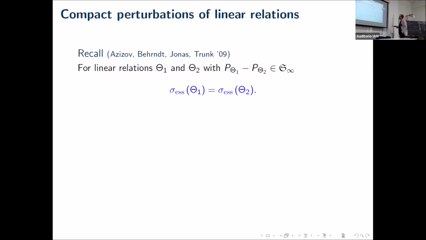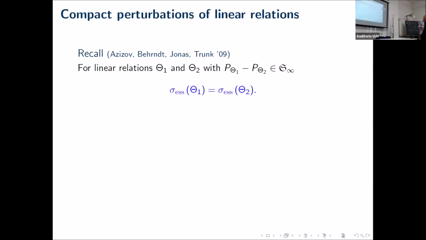This is the old result of Thomas Resisov, Jussi Bär, Peter Jonas, and Abril. The interesting thing is this one here. We take two linear relations, and P stands for projection. They are subspaces in a Hilbert space, so we can project onto them.